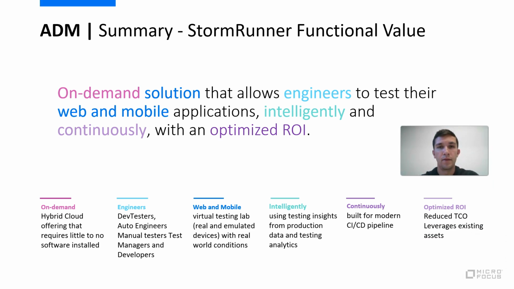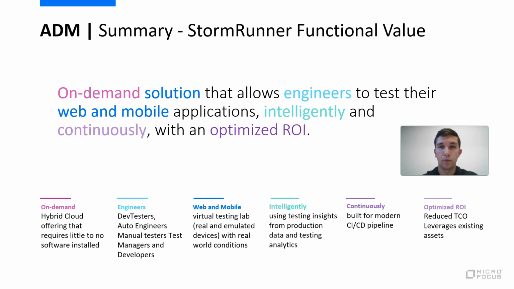So to wrap it up, the value of StormRunner Functional is that it's an on-demand solution that will allow engineers to test their web and mobile applications intelligently and continuously with an optimized ROI. And we do that by making it easy for you to access, especially if your teams are spread out, with nothing to install.